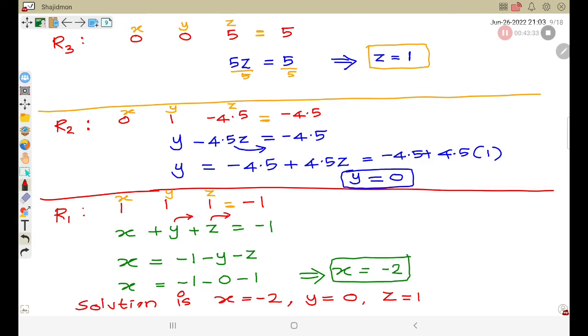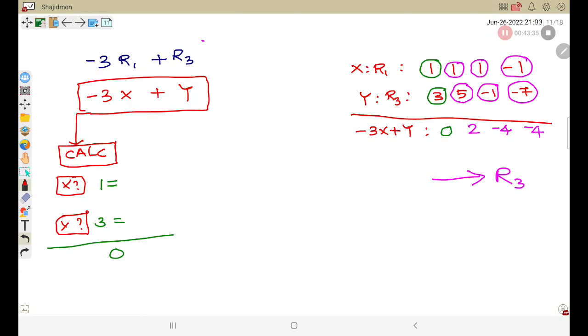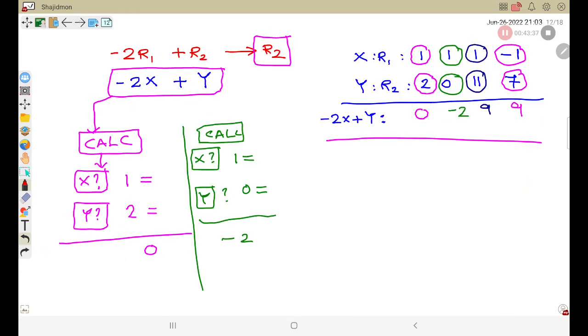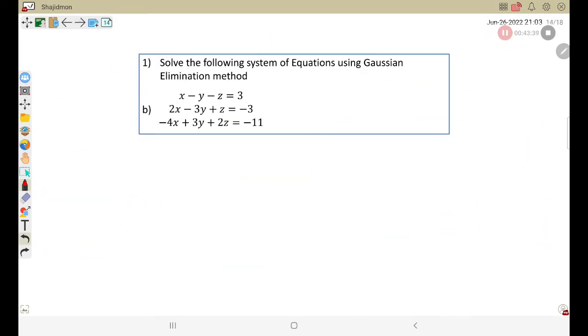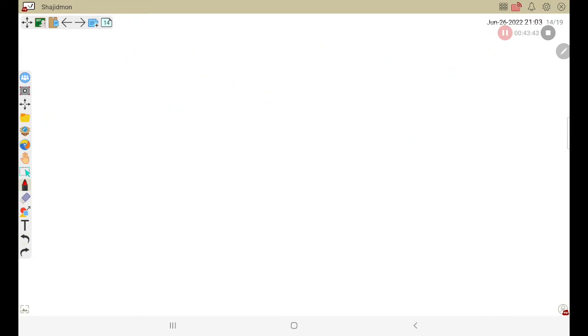So the idea behind it I will show again. The calculations are all here, you can check them later. Now before going to the next question, you can see what steps we did in Gaussian elimination.